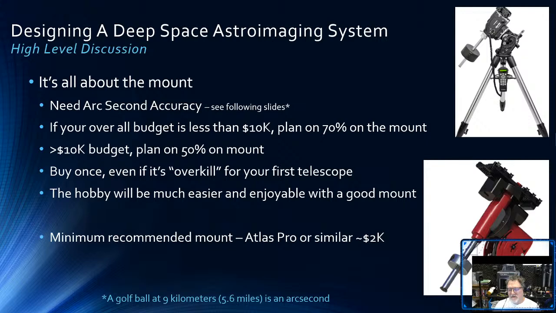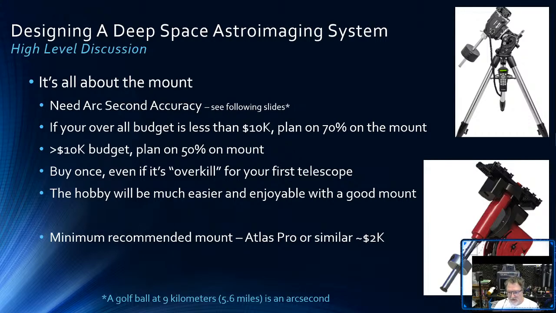And there's sort of a rough rule of thumb, if your overall budget you think you're going to spend on this hobby is less than say 10K, then you're probably going to want to spend about 70% of your budget on the mount. If you're going to spend more than 10K, and people do, then maybe it's like 50% on the mount.